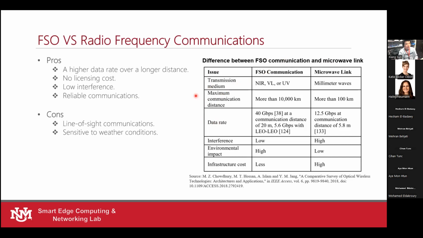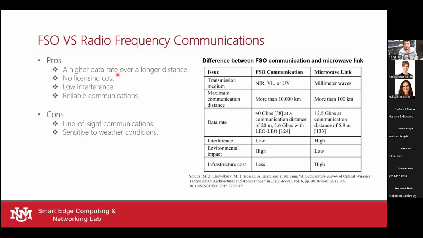Another advantage is that FSO is conducted over the unlicensed spectrum. It's different from our mobile networks, right? 4G, LTE, and 5G. The users somehow need to pay those spectrum licensing costs.